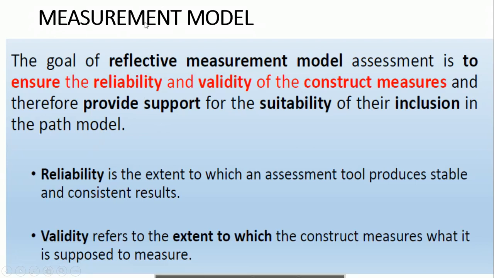So in the reflective case we have these two most important elements. Reliability is the extent to which an assessment tool produces stable and consistent results, and validity refers to the extent to which the construct measures what it is supposed to measure.